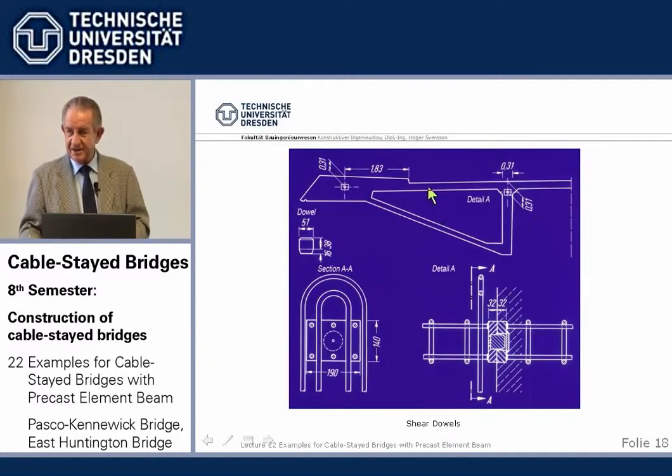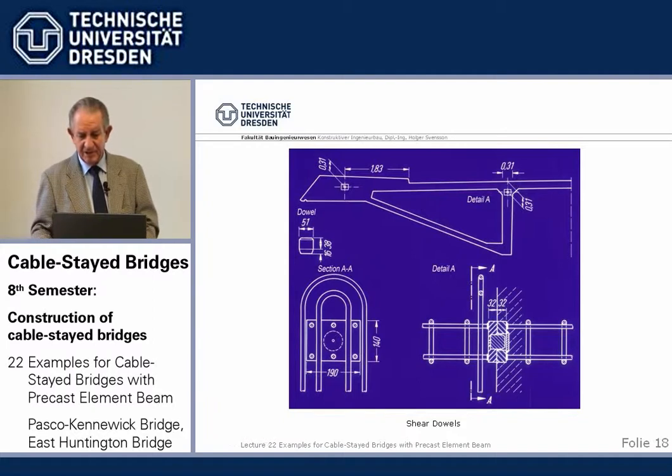And at that time, very early on, we had the joints cast against one another. I mentioned that, match cast, and the shear transfer. We at that time said, okay, we do it by steel. We have some steel dowels, put into the joint, which can take all the shear, put the reinforcement to take it up.